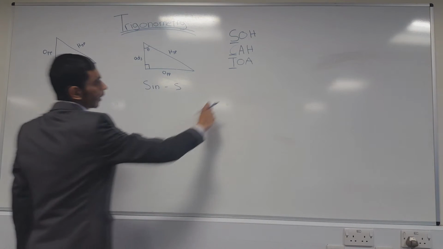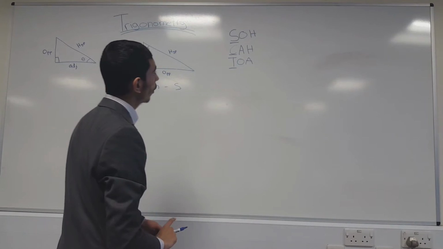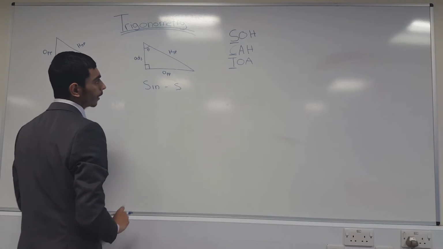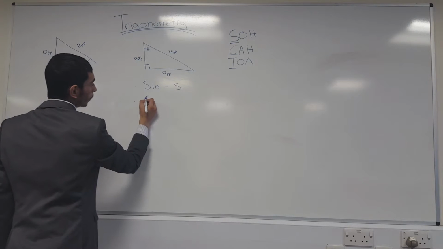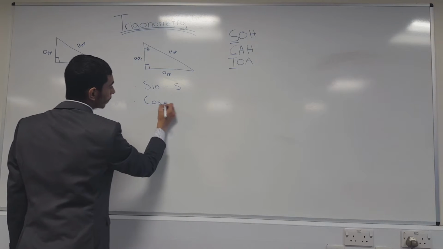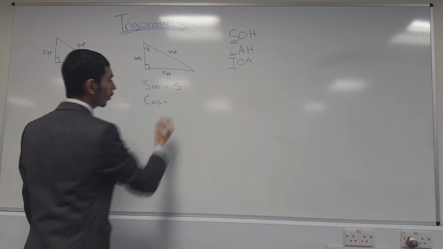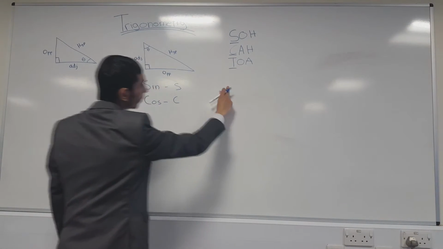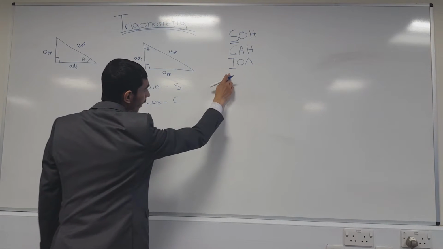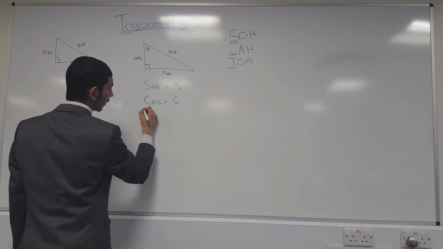For the next three-letter combination, we've got CAH, and C stands for cos. Again, it's another type of trigonometric function which you don't really need to know about. And then the last one, TOA, my favorite, the T at least stands for tan.